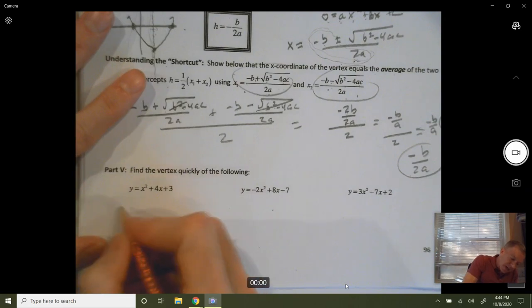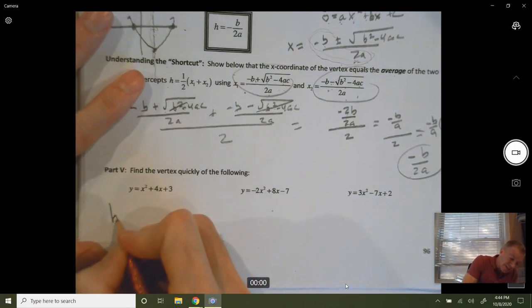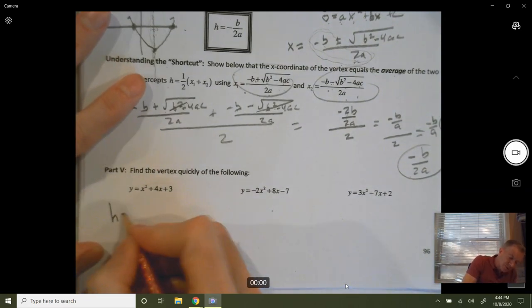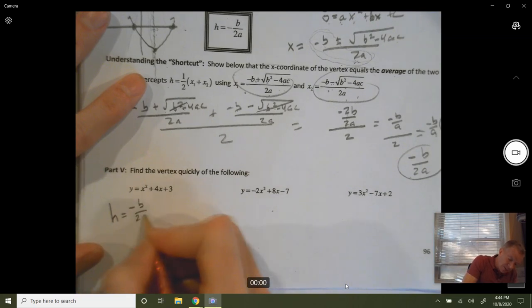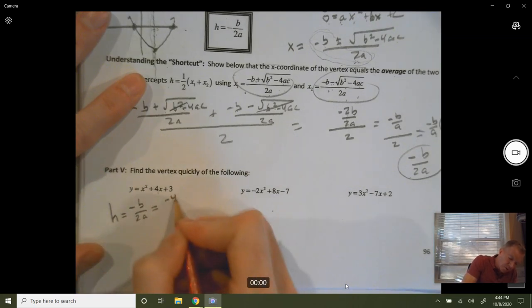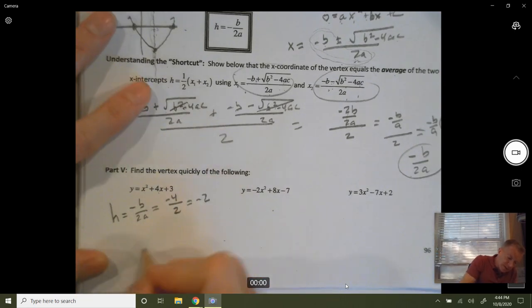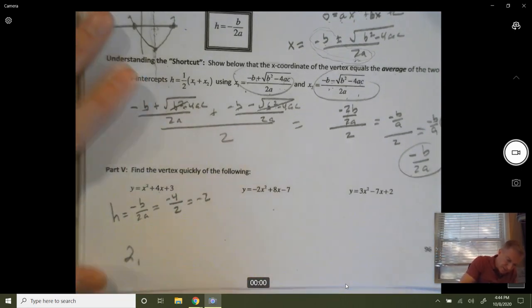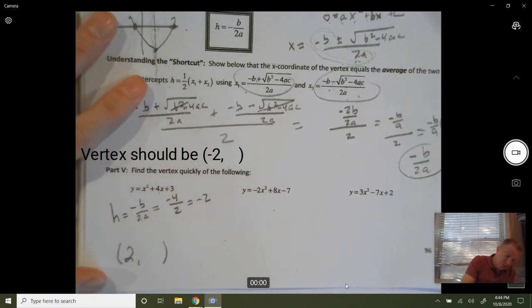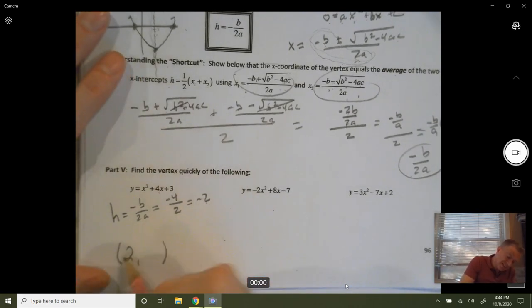So opposite the x coordinate of your vertex, or your h, is equal to opposite of b over 2a, which is equal to opposite 4 over 2 times 1, or negative 2. So our vertex is negative 2 comma something. Now, how do we find the y? Well, you just want to find the y value that corresponds to this x value.